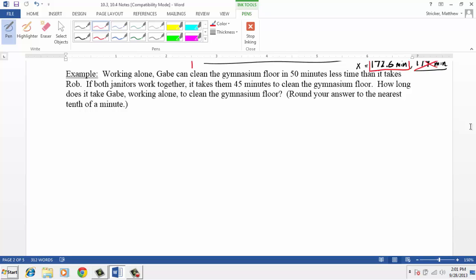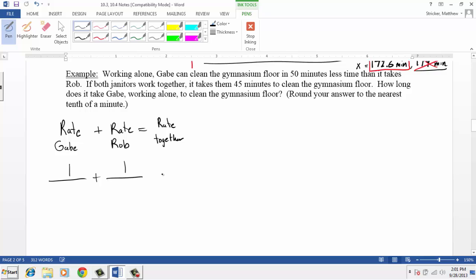And so, just like the last one, we're going to take the rate of Gabe and add that to the rate of Rob, which should give us the rate with both of them working together. Remember, this looks like 1 over some time plus 1 over time equals 1 over time.